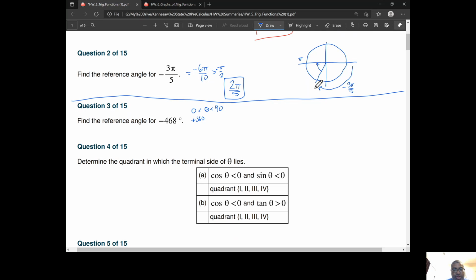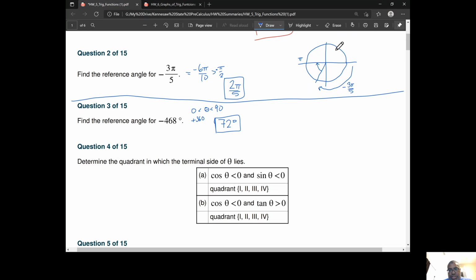So the question is, how far is it from 180 to 252? Minus 180, and I end up with 72 degrees. Reference angles are between 0 and 90 degrees.